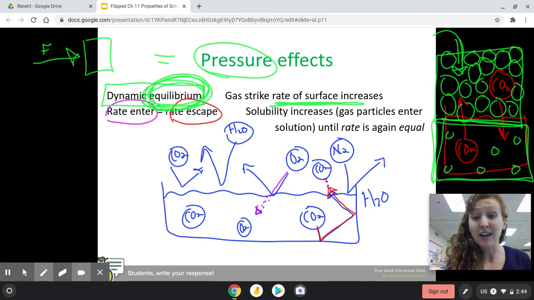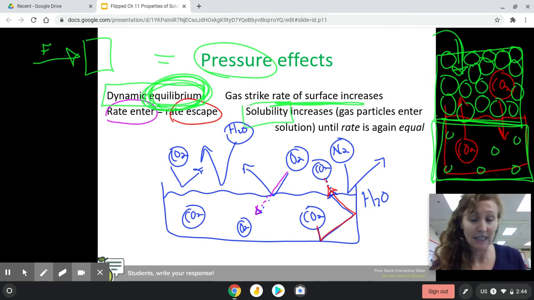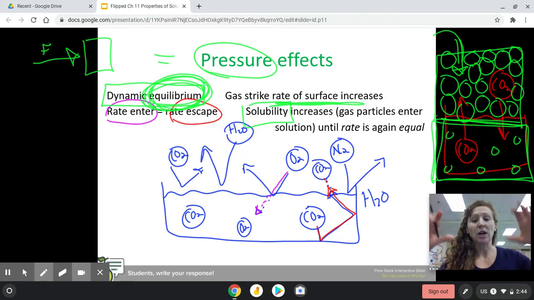And that is our very definition of solubility, right? Solubility is the amount of carbon dioxide in our specific volume of solution. So increasing the pressure above it can force more molecules in, which changes how much will stay in the solution when that dynamic equilibrium of rate of entrance, rate of exit gets established.